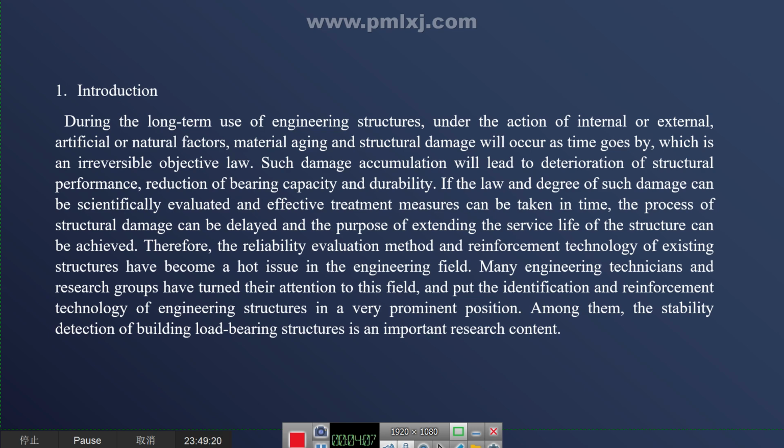If the law and degree of such damage can be scientifically evaluated and effective treatment methods can be taken in time, the process of structural damage can be delayed, and the purpose of extending the service life of structure can be achieved.